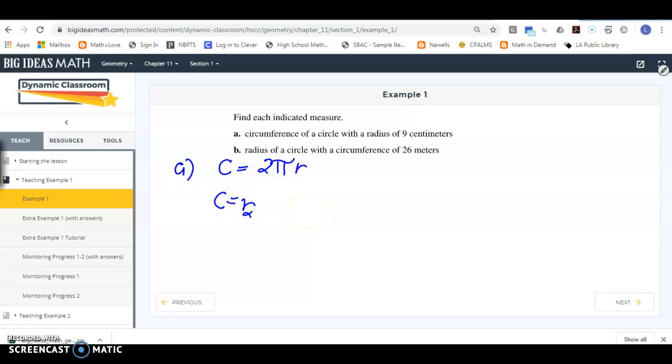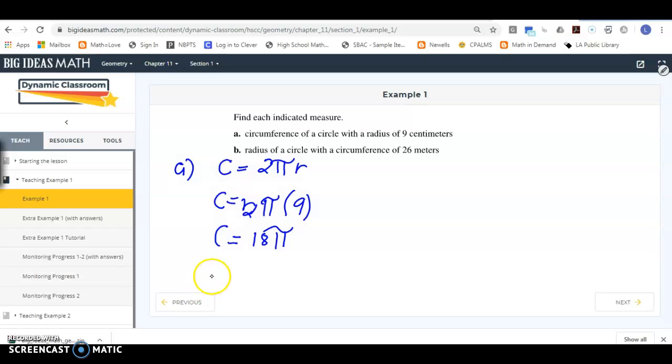So 2 times, the value of your pi is 3.14, but I'm just going to keep it at pi right now. That's a 2, by the way. Okay, and then your radius is 9. So if I leave this in simplest pi form, then I'm going to get 18 pi.